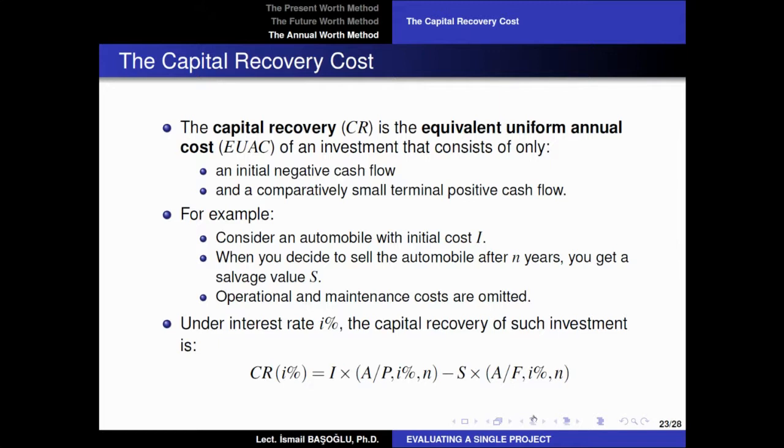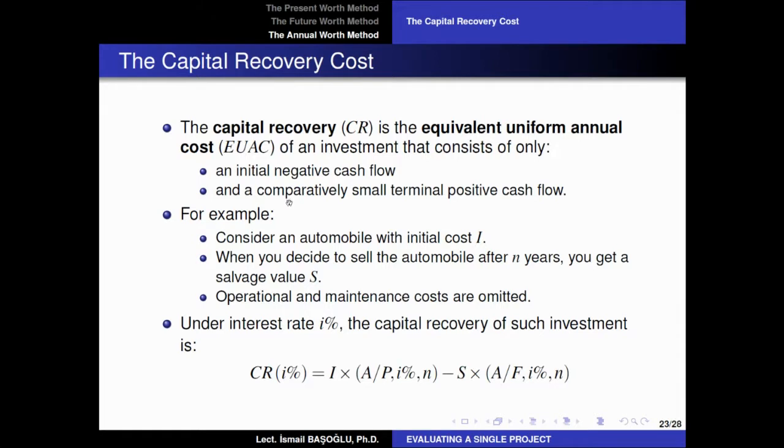Therefore it is counted as negative here, because capital recovery, or the equivalent uniform annual cost, is calculating the costs. This time the costs are going to be counted as positive and the salvage values are going to be counted as negative.